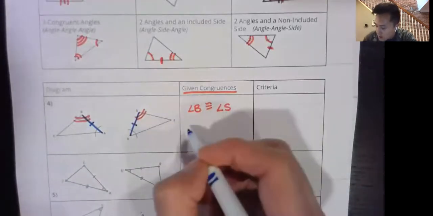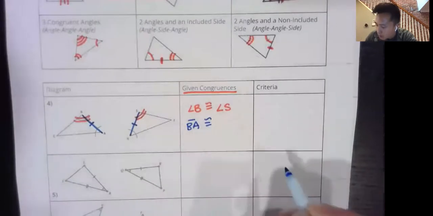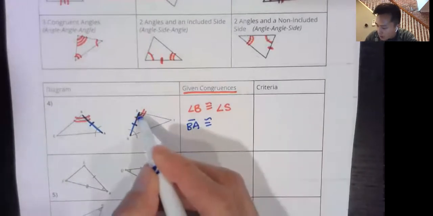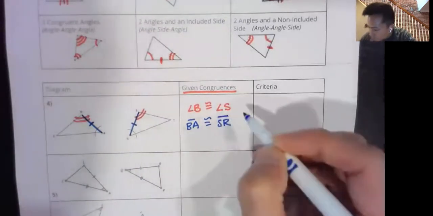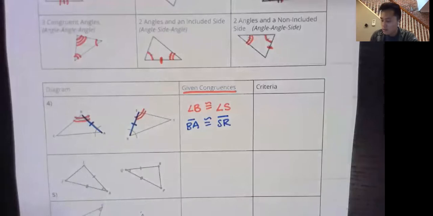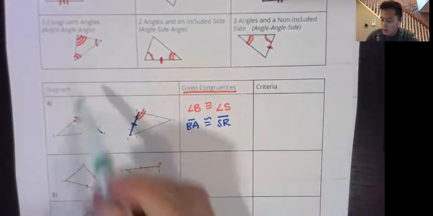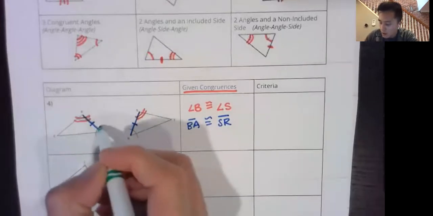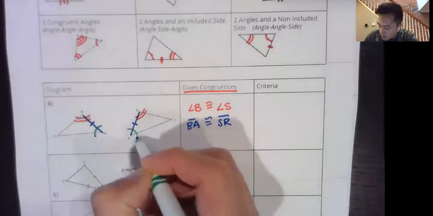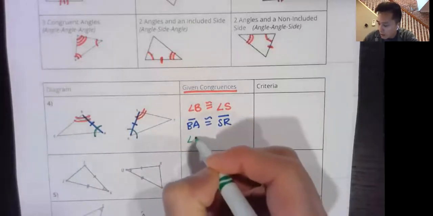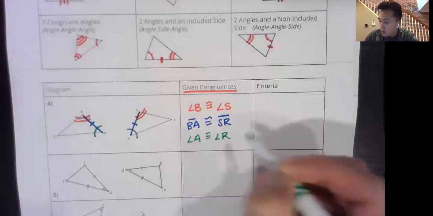So I'll say that side BA is congruent to side SR. And then the last piece of information, next to this side is this congruent angle, which matches up with this congruent angle. So I can say angle A is congruent to angle R.